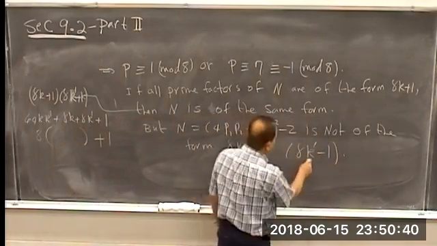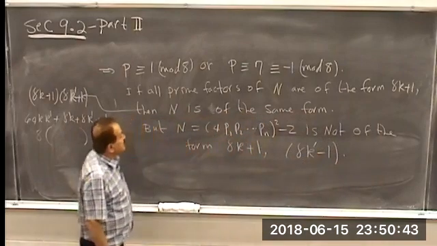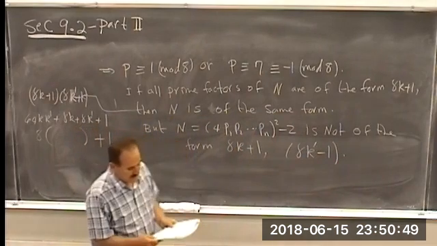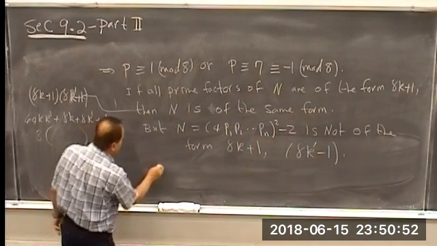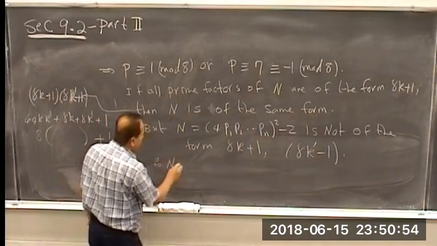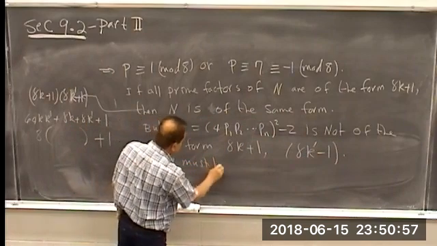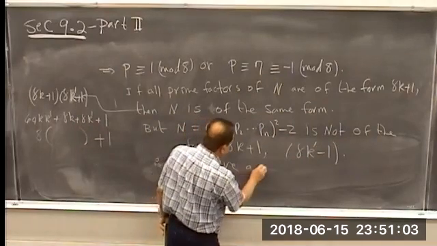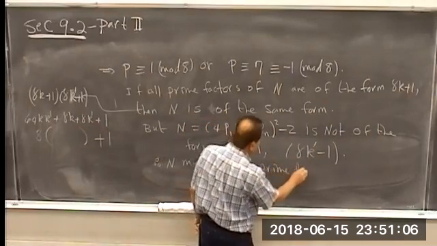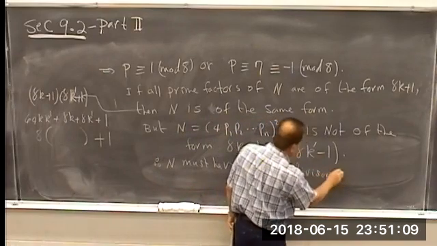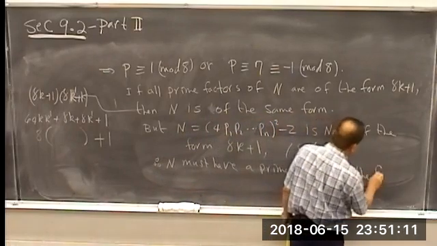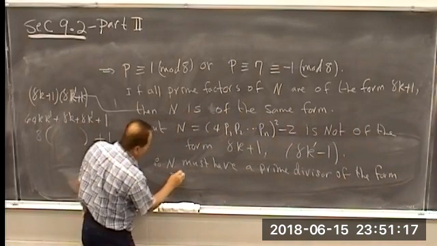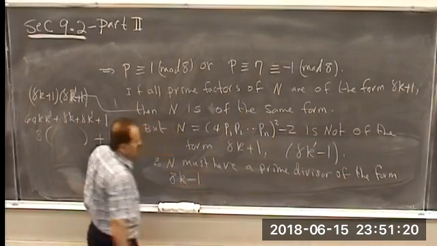So n is of this form. What does this mean? Therefore n must have a prime divisor of the form 8k minus 1, which is the same as 8k plus 7.